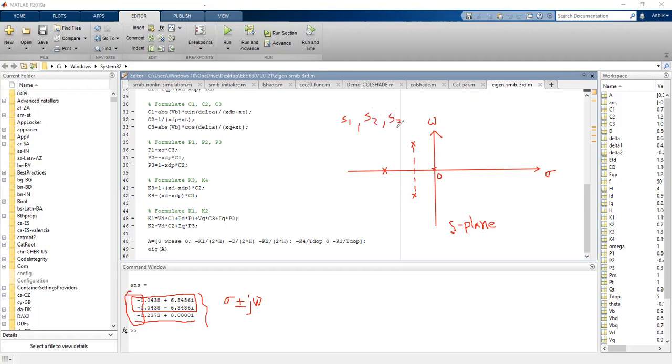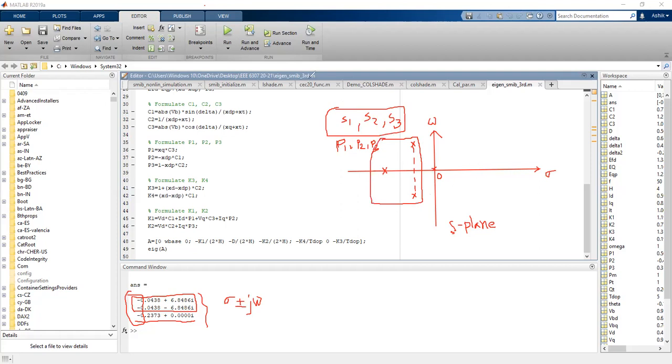So these 3 are nothing but the poles of the system. We can also call them P1, P2 and P3, the poles of the dynamic system. So if all the poles lie on the left half of the S-plane, that is stable.